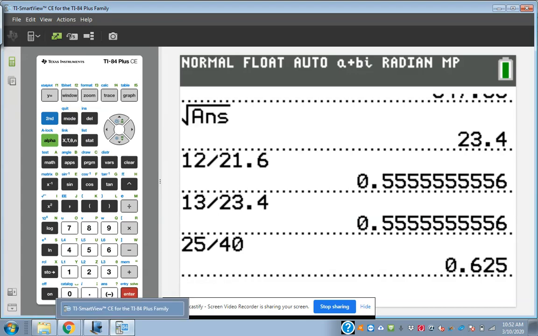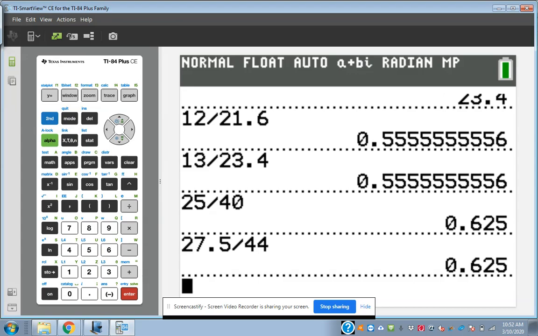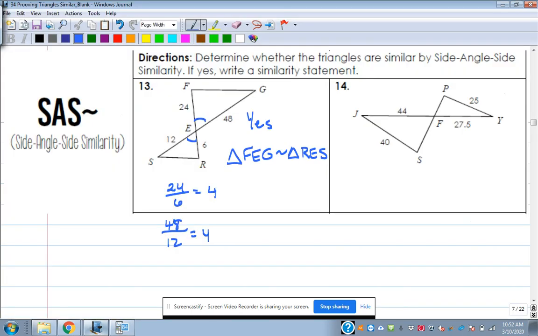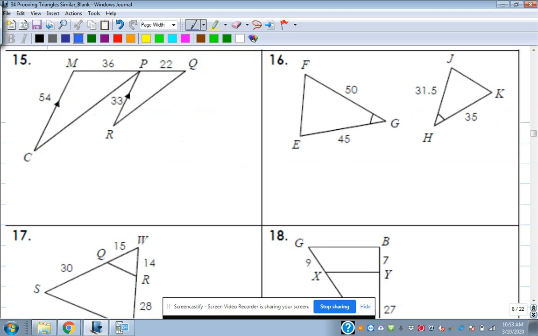And then the other side's 27.5 over 44. The ratios are the same, but the angle is not guaranteed to be the same. So those are not similar, and the reason is the angle is not the same. Got to be careful of that.